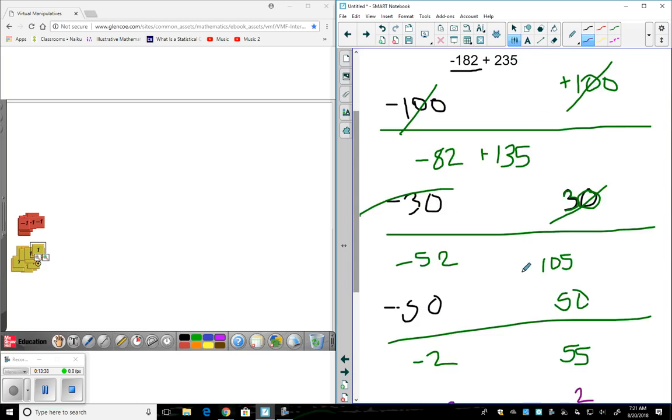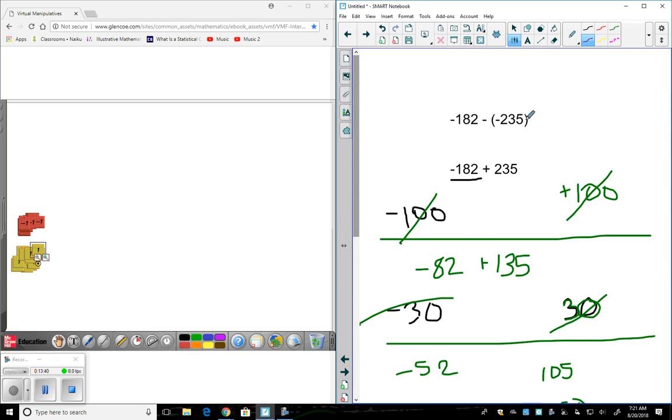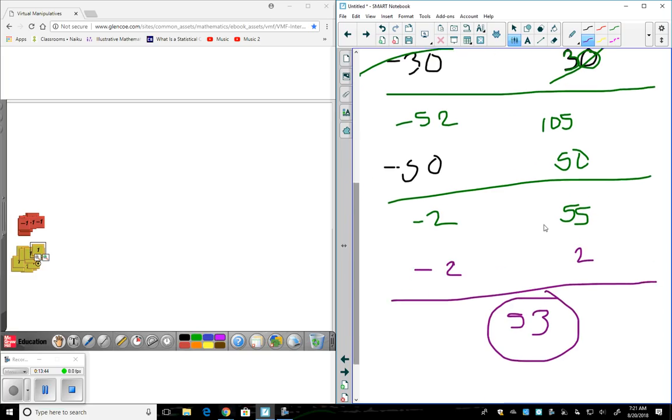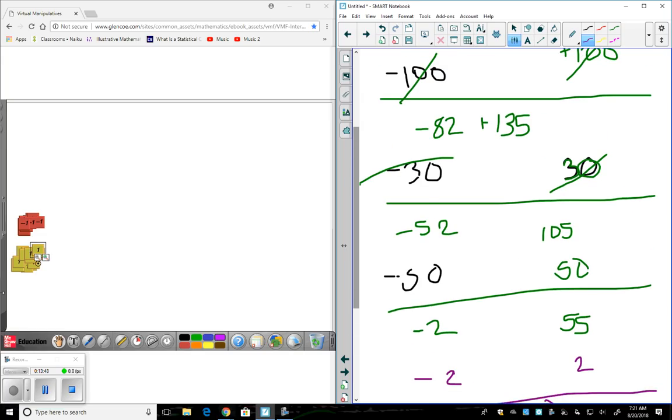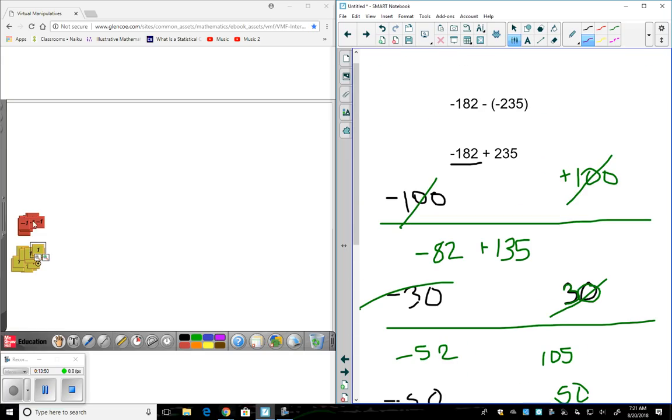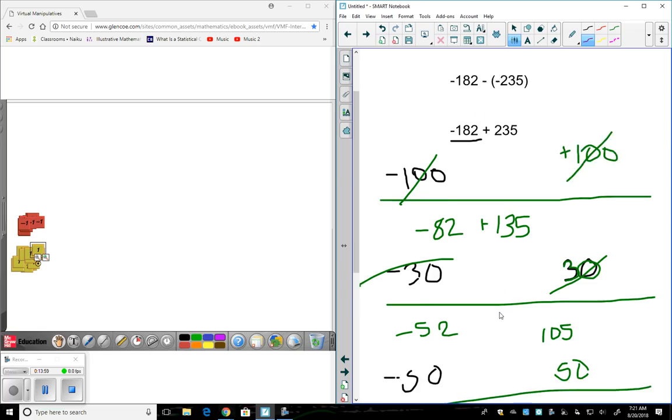Yes, that took a lot of room. But these are really big numbers. And to me, this was quicker than trying to figure out, okay, I need 182 red tiles, another 235 red tiles, switch the colors because the negative means opposite.